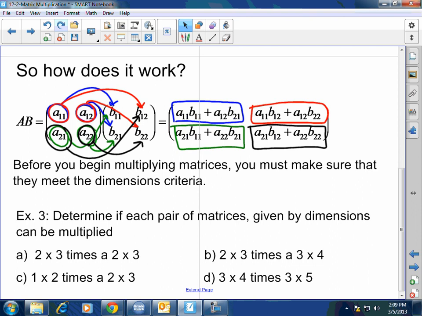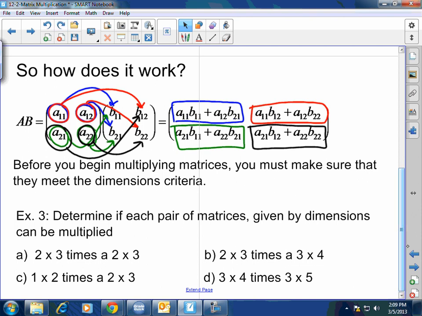And then you add up each of those, and you're going to have a matrix left over. That is a 2 by 2. You with me so far? You sure? Okay. Before you begin multiplying matrices, though, you must make sure that they meet the dimensions criteria.